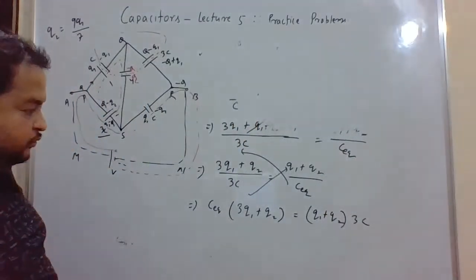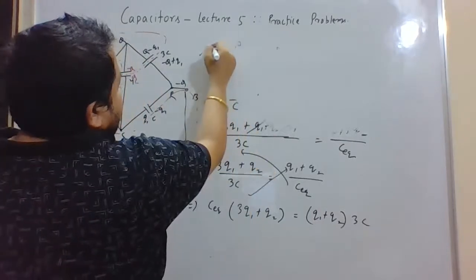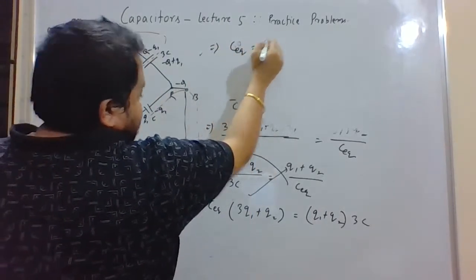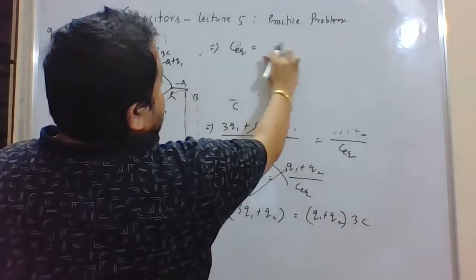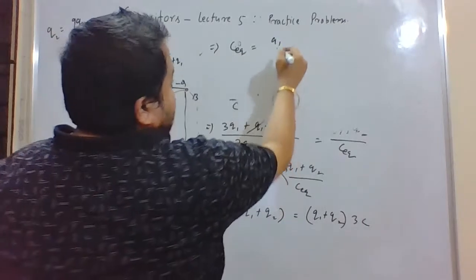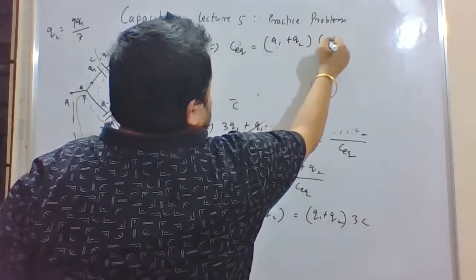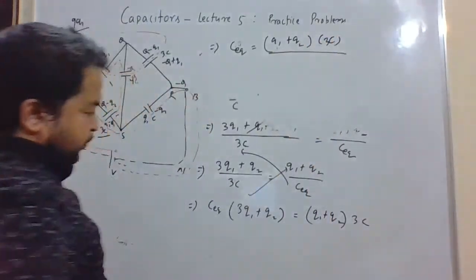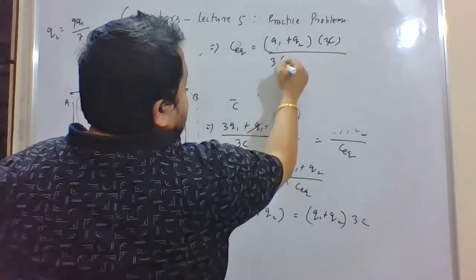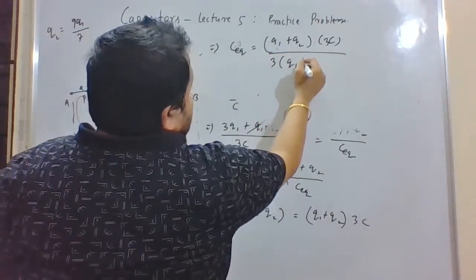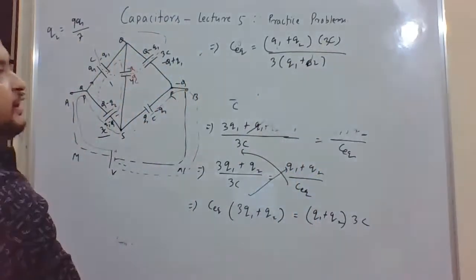So that is nothing but C equivalent equals Q1 plus Q2 into 3C by 3Q1 plus Q2, right?